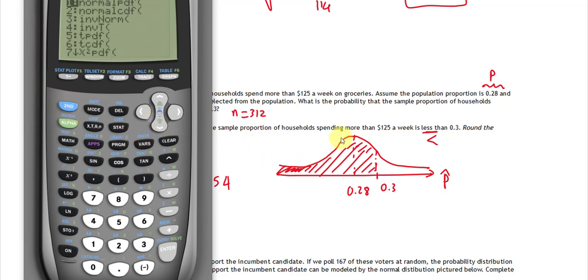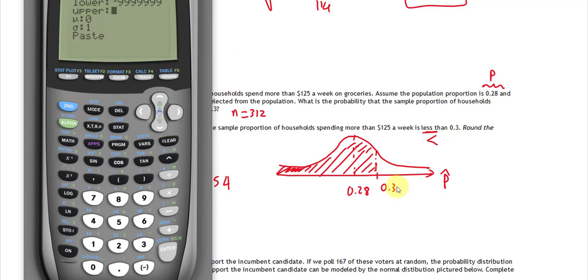This is a normal curve, and we're looking for the cumulative area here. So we use a normal CDF, and the lower bound is all the way from the left side, so you can just put a negative 99999, a very large negative value.